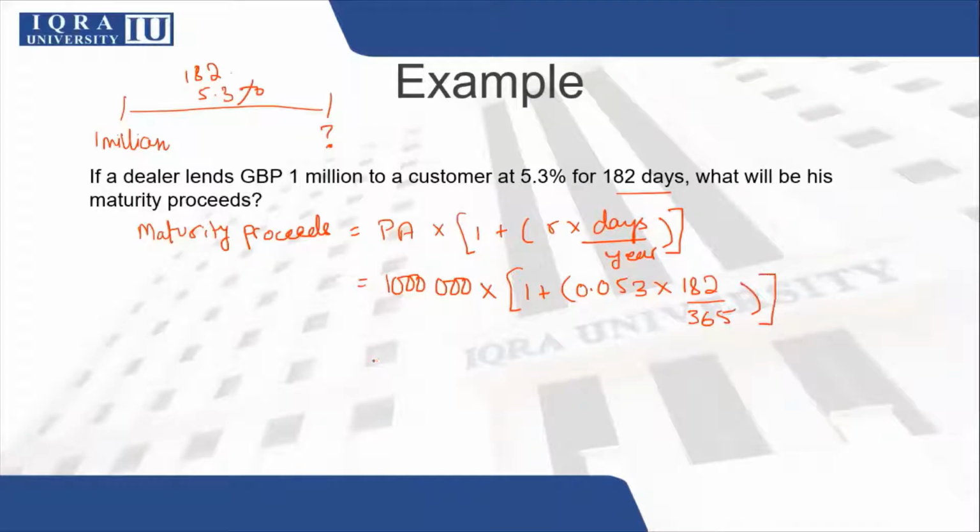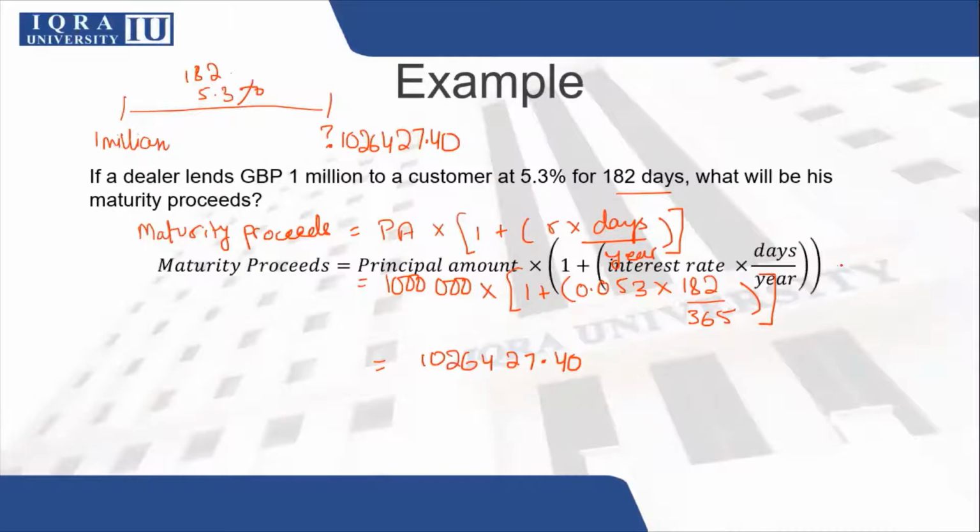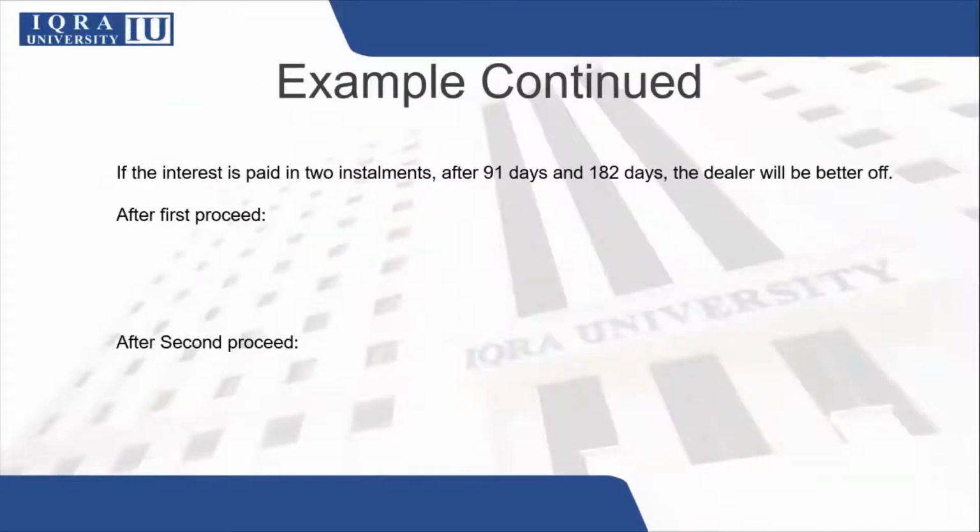So if you solve this, the maturity proceeds are 1026427.40. So this is the future value of this amount. Now moving ahead, this was the value if the payment was made in 182 days.